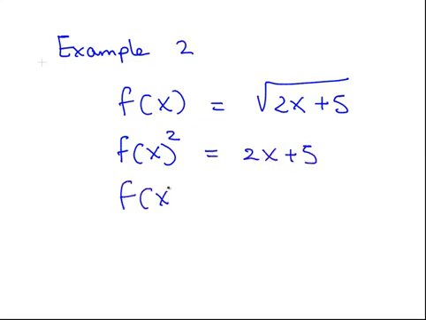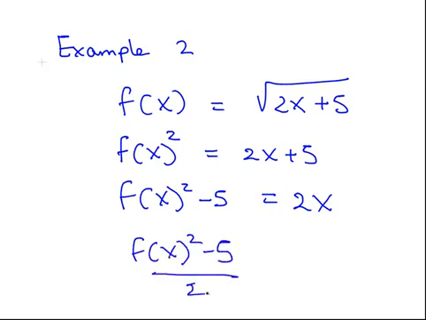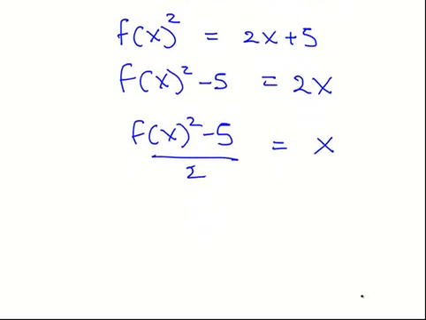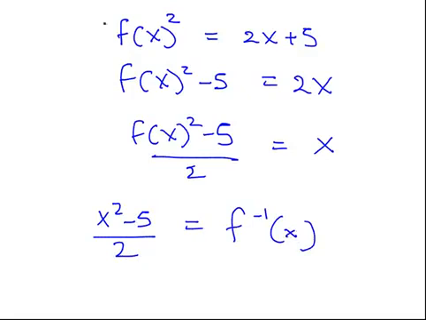Subtract 5 from both sides, and then divide by 2. There we go. Now let's replace our values here. So we have x squared minus 5 over 2 equals f to the minus 1 of x. That's the answer to the second one.